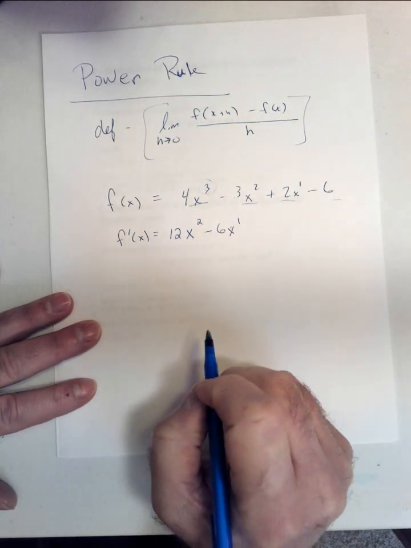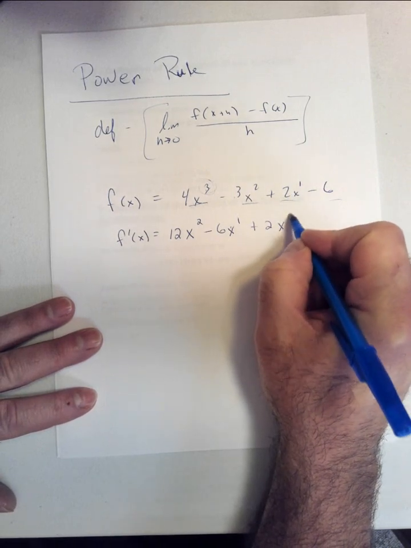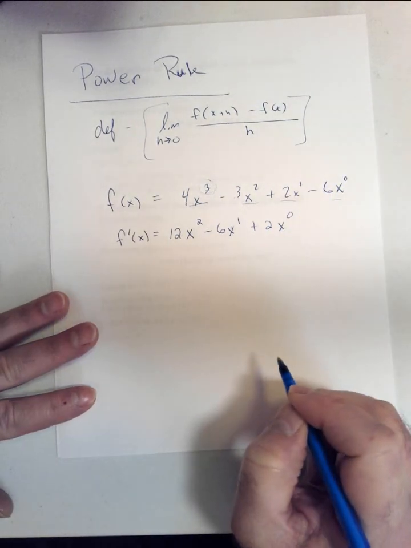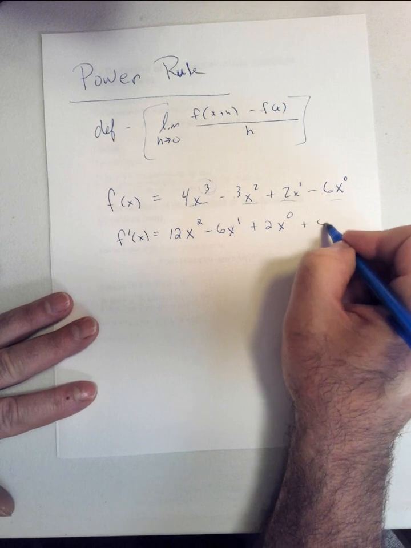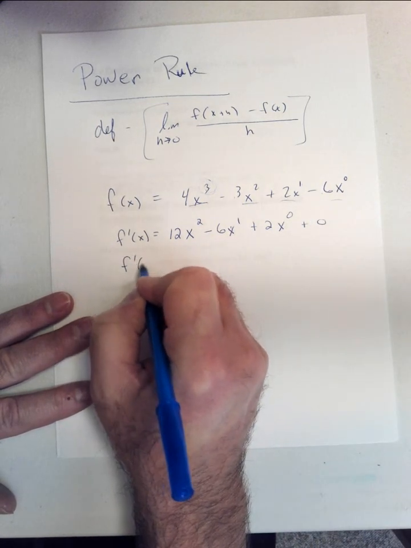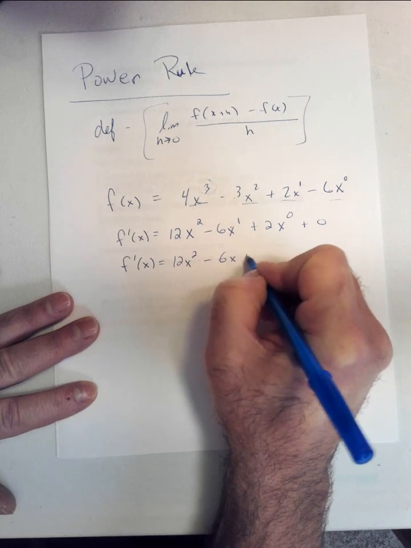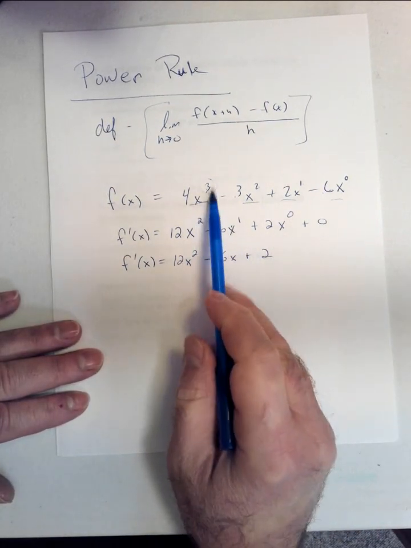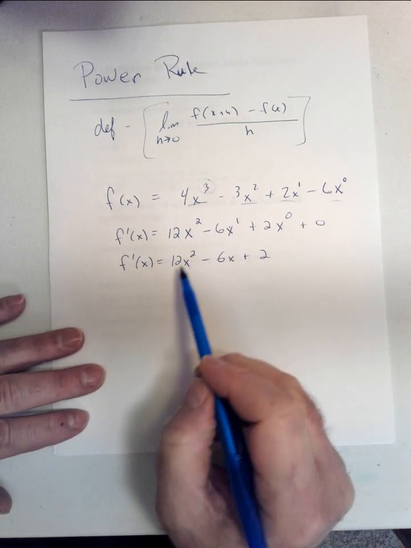That has an exponent of 1, so we have 1 times 2, and we drop the power 1. And then any constant is just going to go away, right? Because 0 times anything is just 0. So you end up with the quadratic. And again, because we're dropping the power 1, a cubic becomes a quadratic when we're doing derivatives.